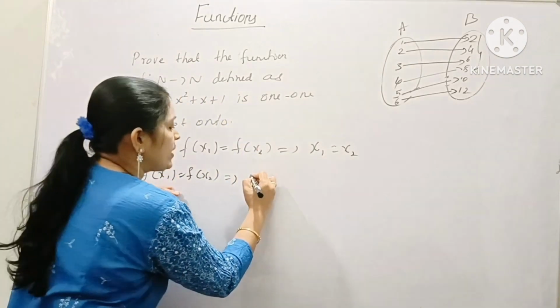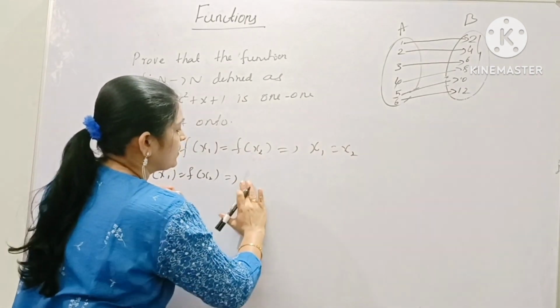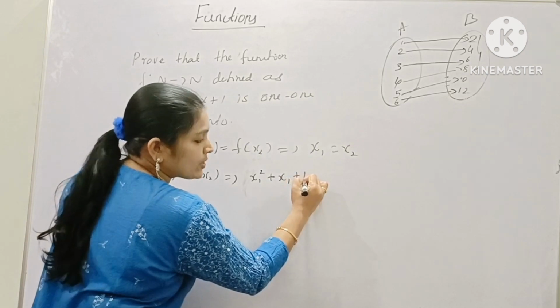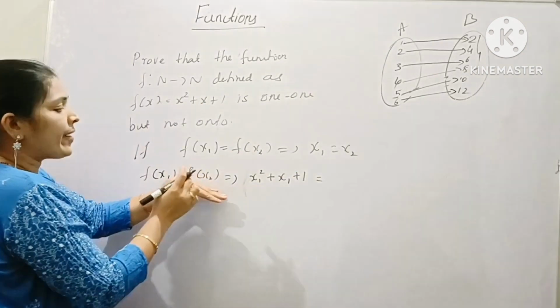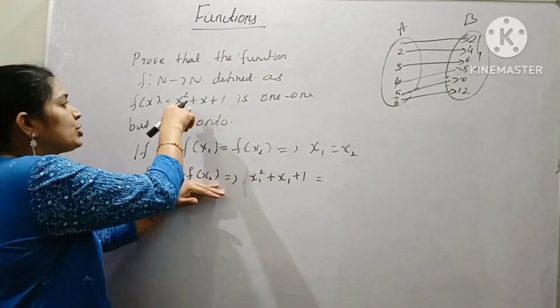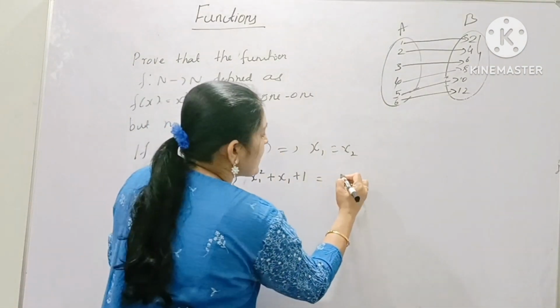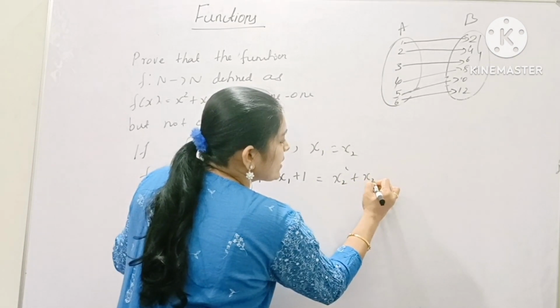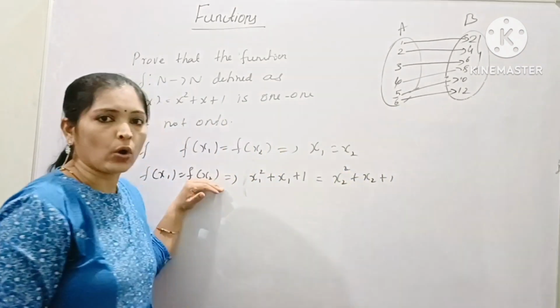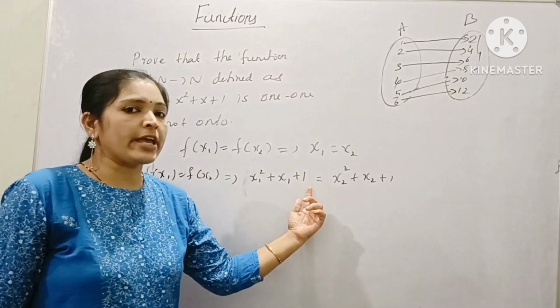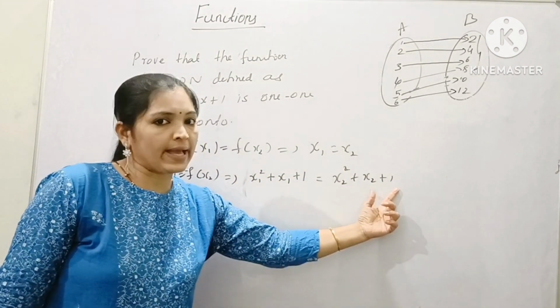So f of x1 is nothing but x1 square plus x1 plus 1, that is equal to f of x2, where in place of x you substitute x2, that is x2 square plus x2 plus 1. Now, the 1 on the left side and the 1 on the right side will be cancelled.